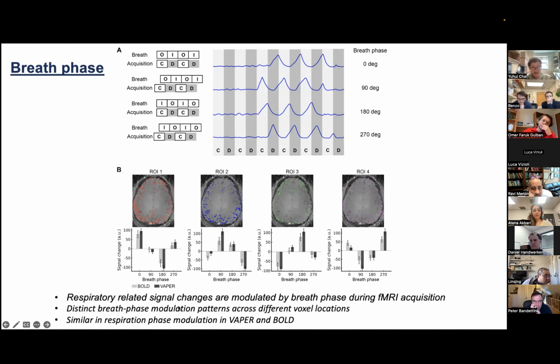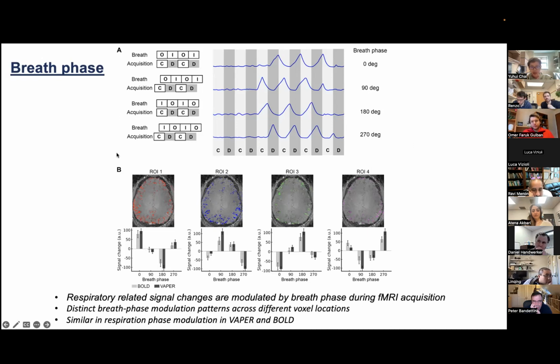And the third finding here: we measured both BOLD and VAPER, and you can see those two measurements give us a very similar pattern. So there is no significant difference between BOLD and VAPER regarding these respiration effects.